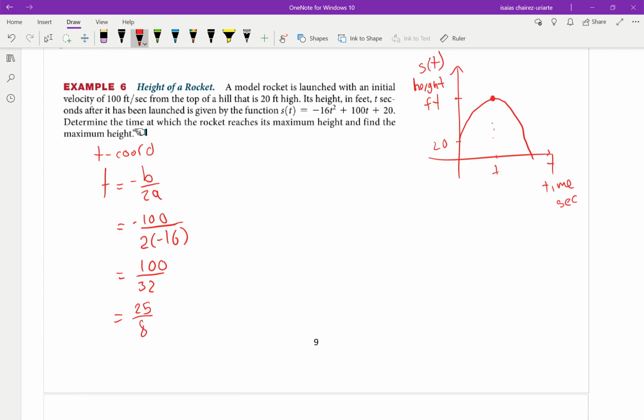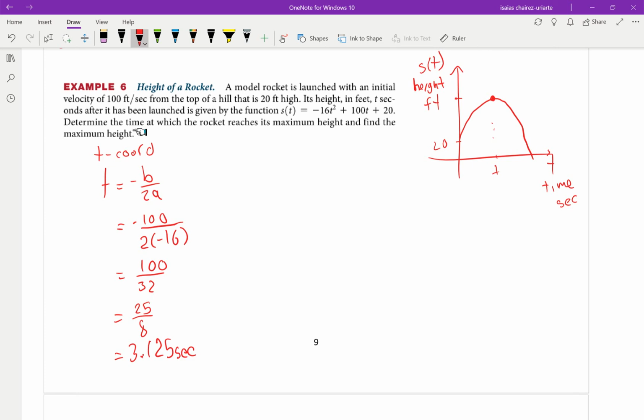As a decimal approximation, 25 divided by 8 is about 3.125 seconds. So at 3.125 seconds, my rocket reaches its maximum height.